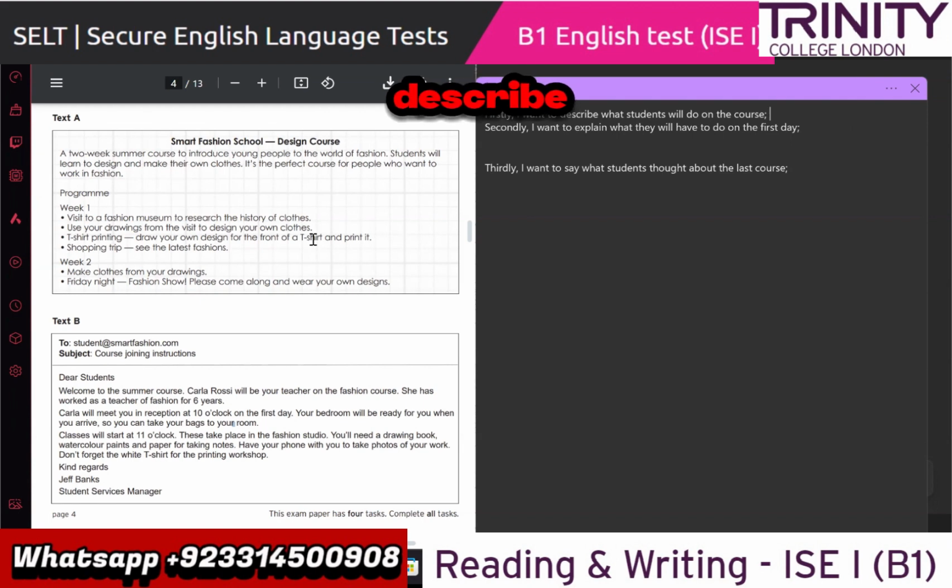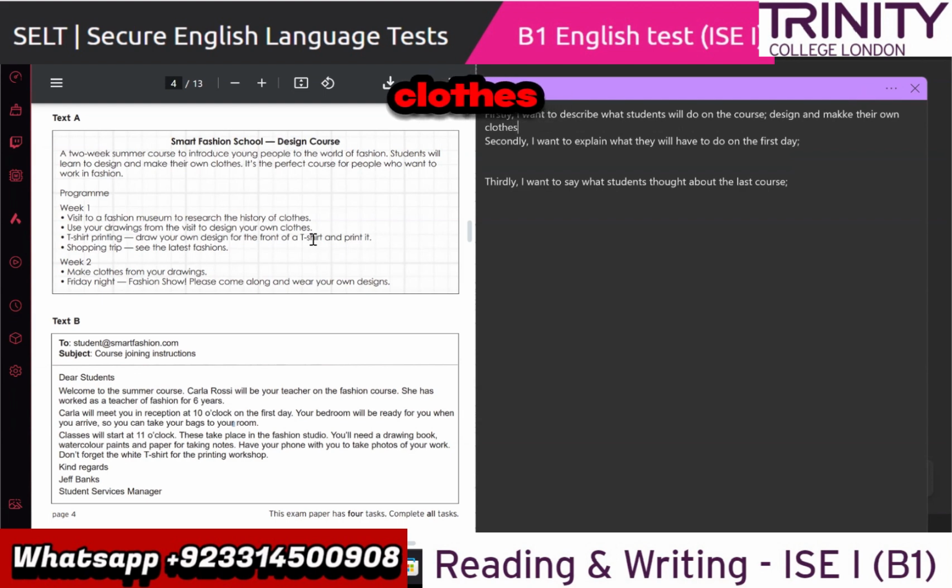So I want to describe what's design and, as you wrote, design and make their own clothes. It was a good try to write personal rather than own, but the spelling of clothes is already written here, so you should have copied it nicely. Okay, going to visit the fashion museum.